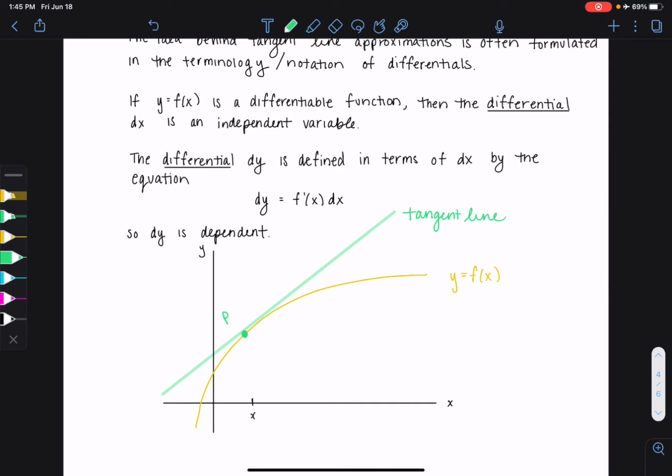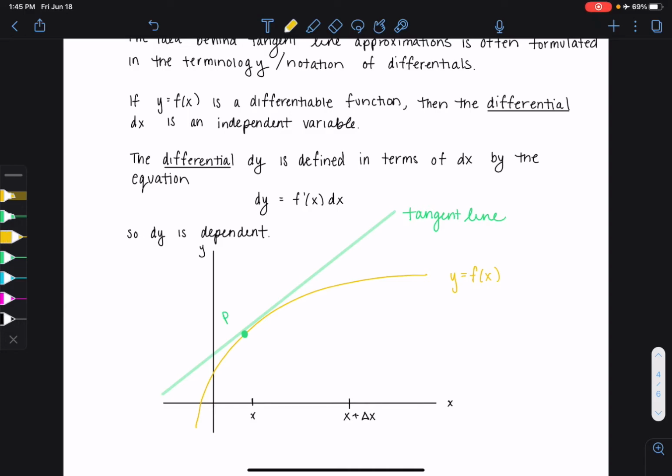What we're going to do is look at another point a little further away from x, which is basically we're starting at x and we're going to add this quantity delta x, so the change in x.